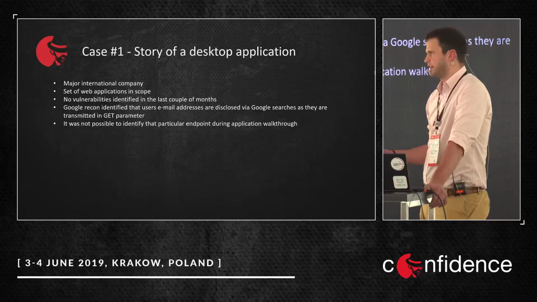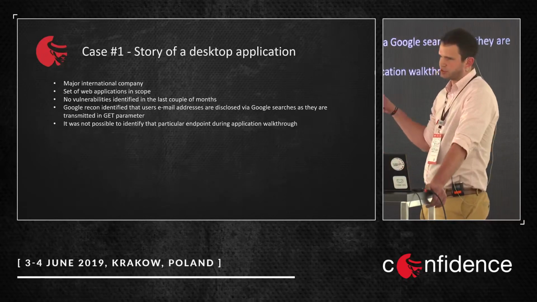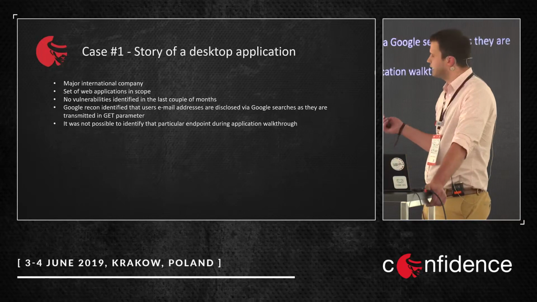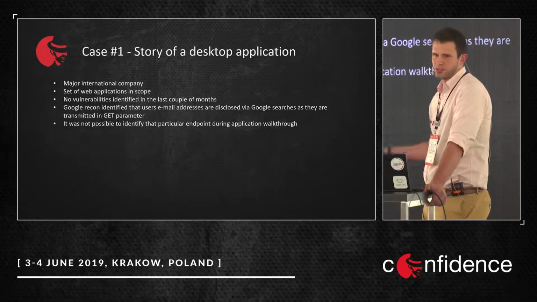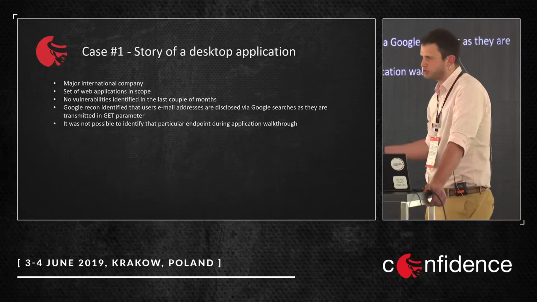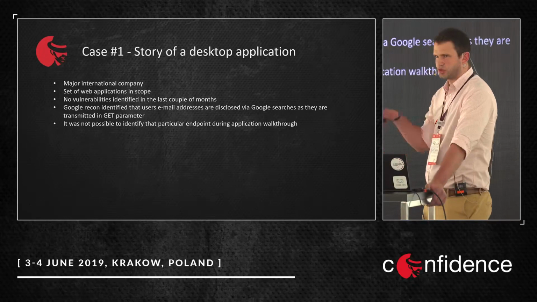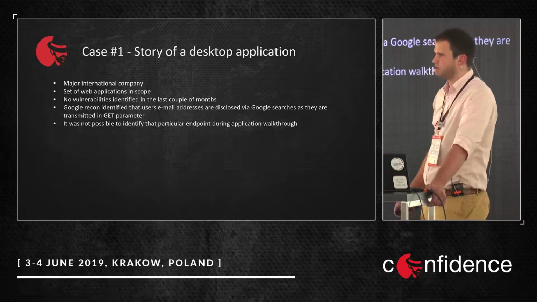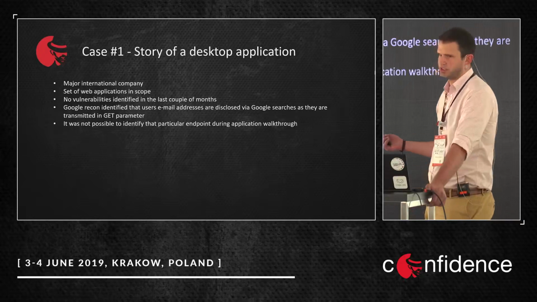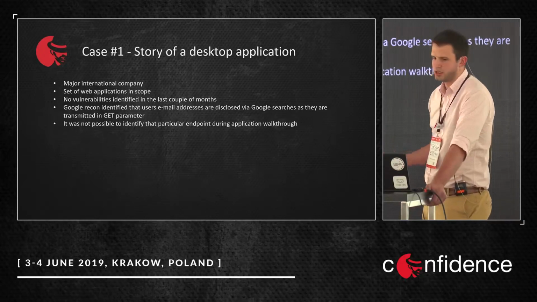However, by Googling, I noted that there are certain URLs where the email address is passed in a GET request. I was able to find them just by Googling, going to the last page, and so on. Then I went to the application and started to click through it to find the vulnerable endpoint which generates this GET request, because I thought maybe there's some vulnerable form.